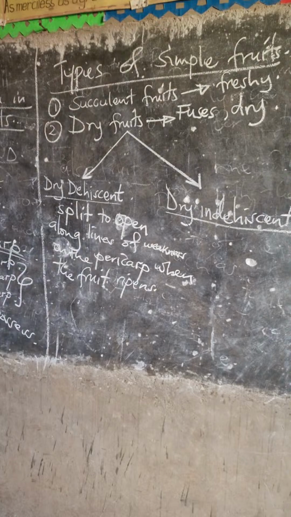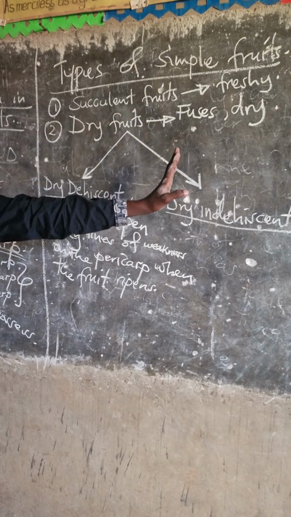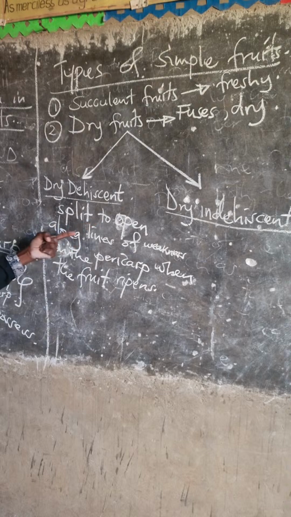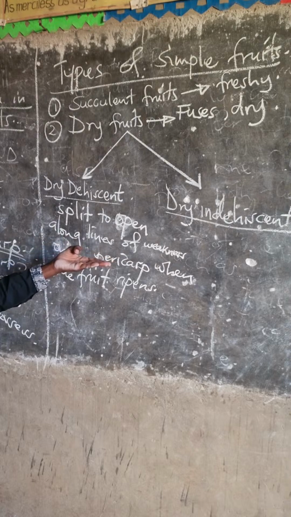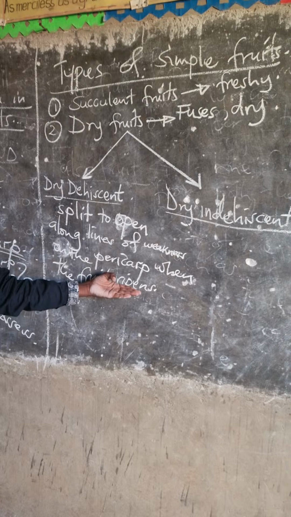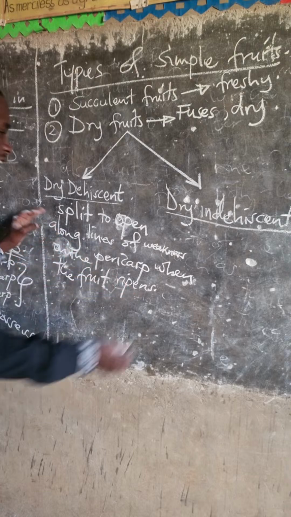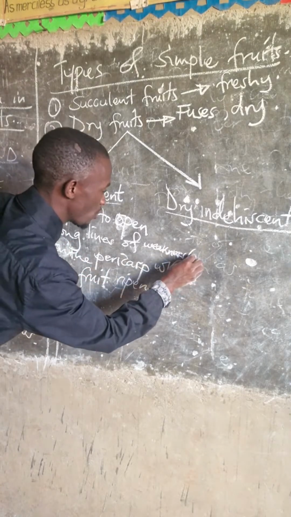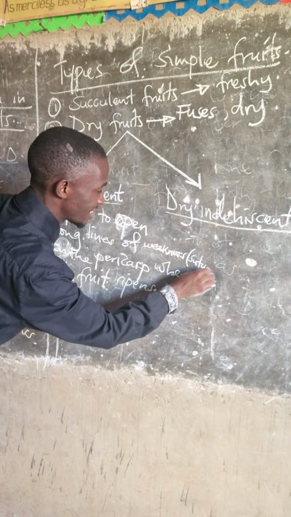Whenever the dry dehiscent fruits ripen, the pericarp, yes, dries, but it opens along lines of weakness to release seeds. Let me think together. These lines of weakness are known as sutures.